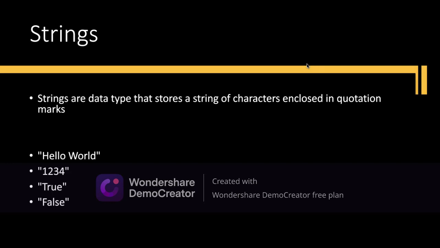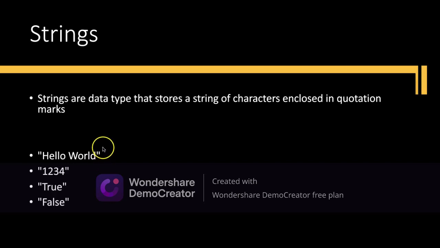And if you enclose a bunch of characters inside quotation marks, that in Python and many other languages is known as a string. An example of a string is this one here, which says hello world, a very staple example of a string.